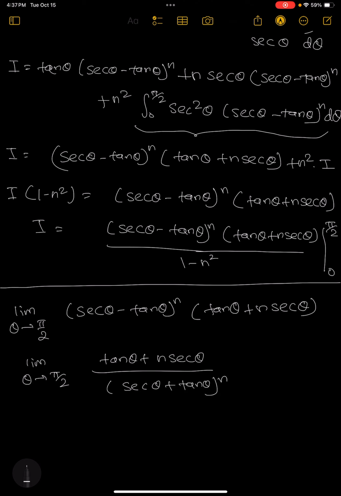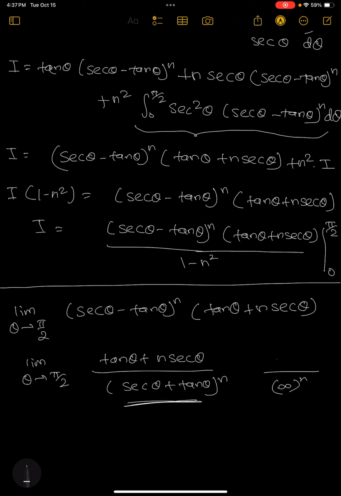I can do this, right? This is the same technique that we used at the beginning. Now notice that these two expressions go to infinity, and they are also raised to the power of n. So this is basically infinity raised to the power of n. In the numerator, both of them are going to infinity, but that is just a linear combination with n.